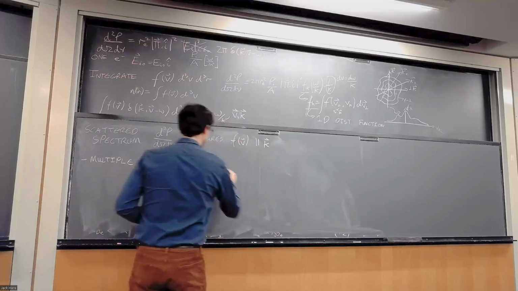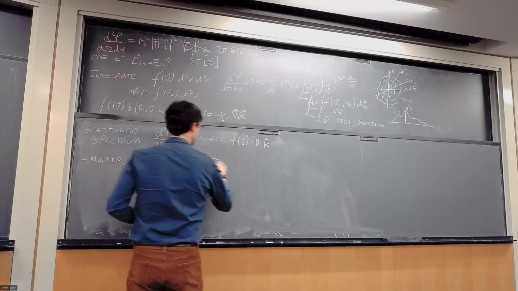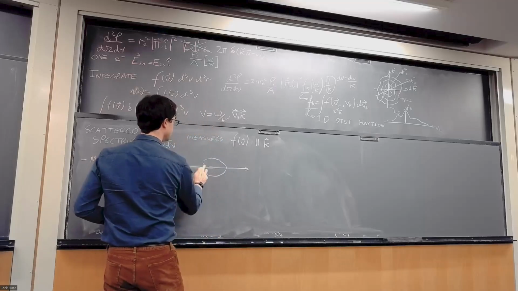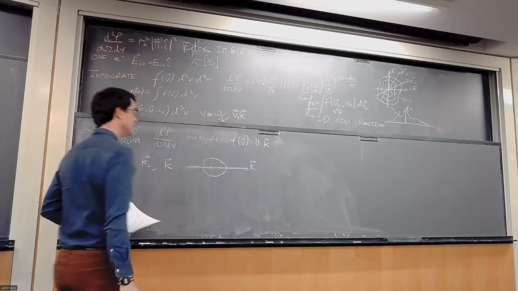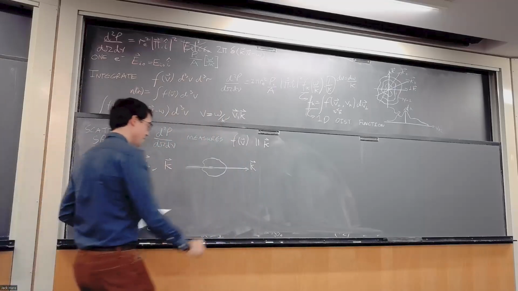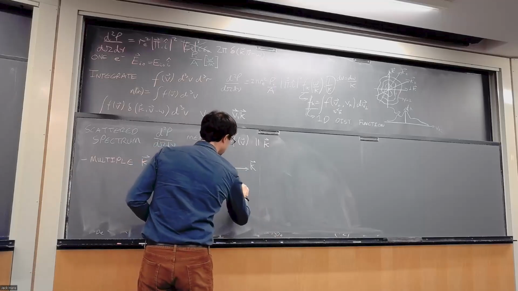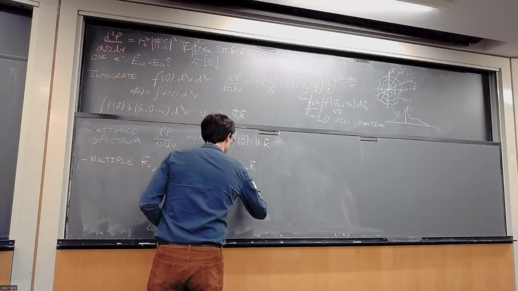So again, I have a plasma like this. I put my laser beam through here. It's got some k_i like that. And then I measure the scattering, for example, in this direction. We'll call that k_s1.